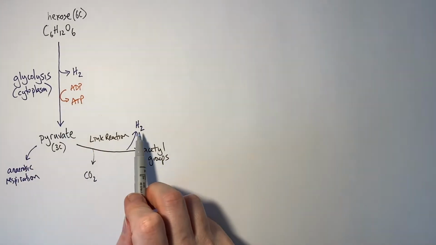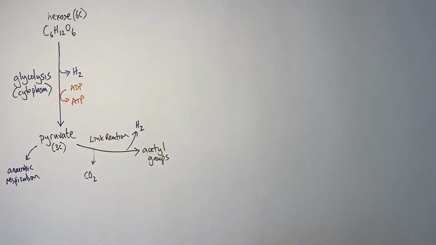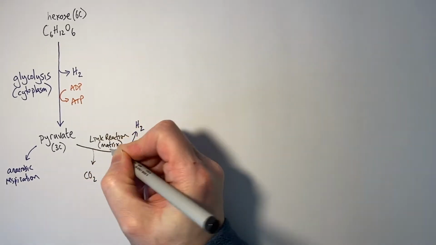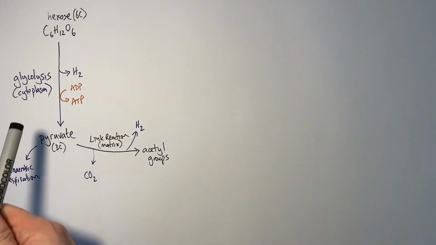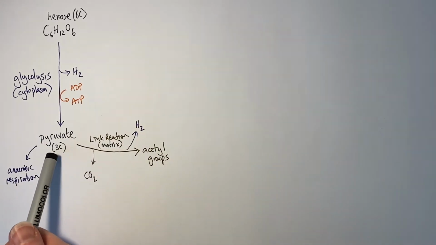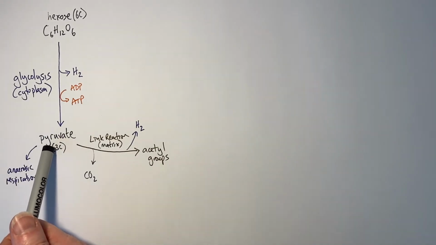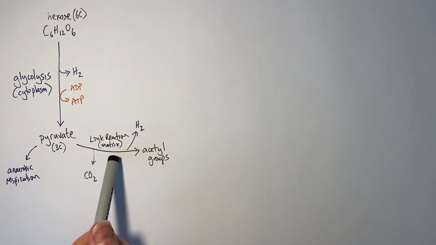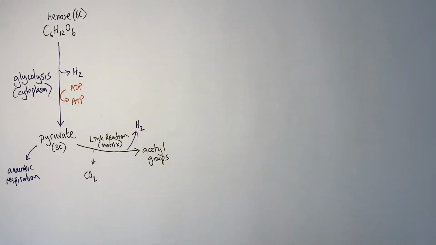Now, I've written H2, it looks like hydrogen gas. Of course, it's not hydrogen gas, but I'll talk more about that in a moment. The link reaction takes place in the matrix of mitochondria. So the pyruvate that is made by glycolysis in the cytoplasm moves into the mitochondria, to the middle, which is called the matrix. And we get acetyl groups formed from that.